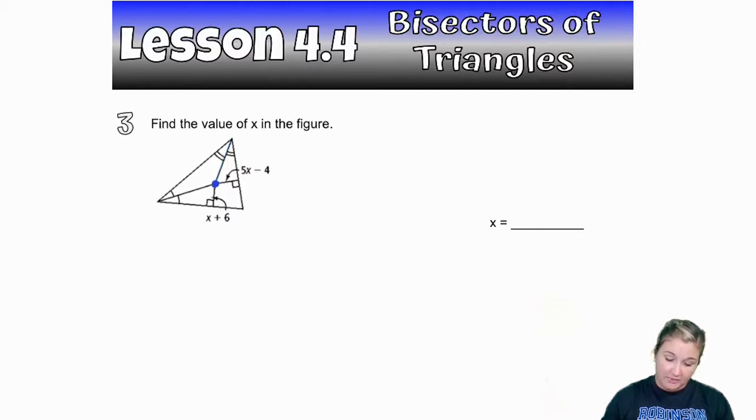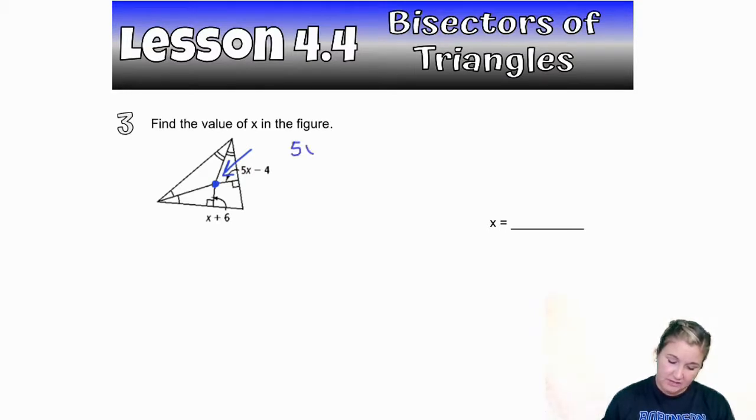So this right here is going to be my incenter. And because the incenter is the same distance, perpendicular, to the opposite side of every side of the triangle, I'm going to go ahead and figure that out.